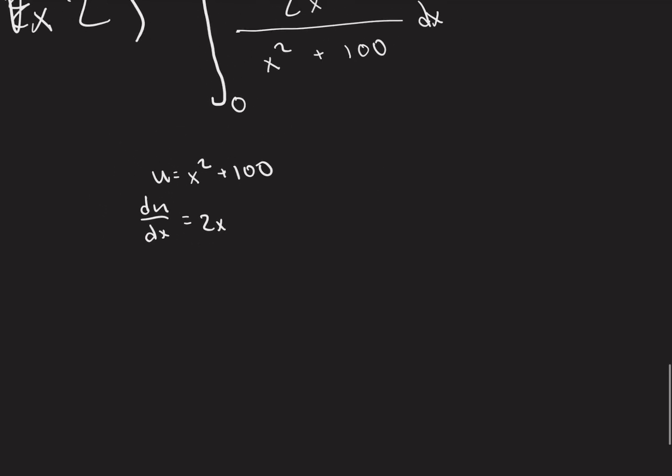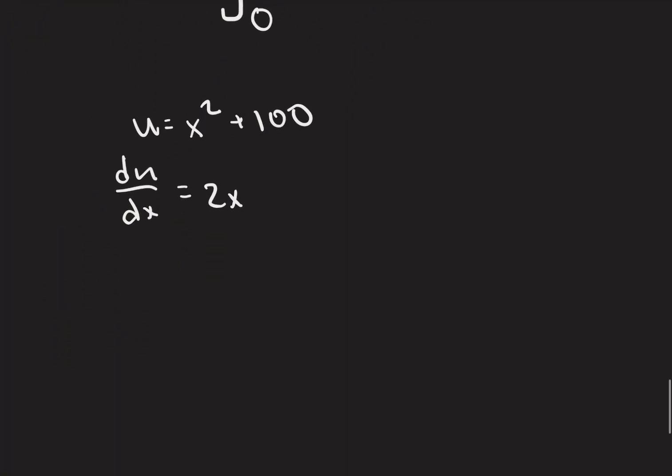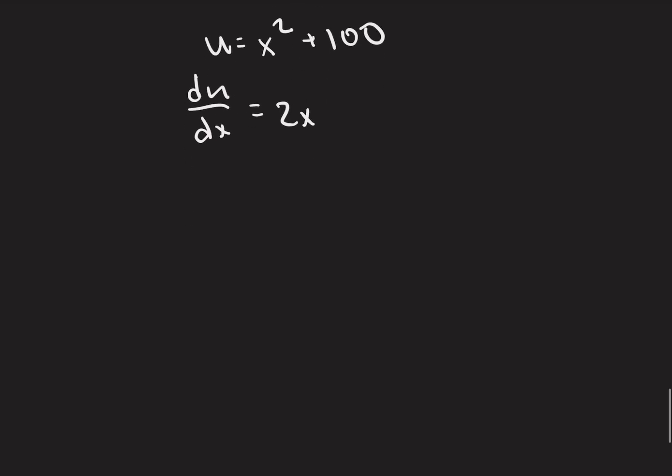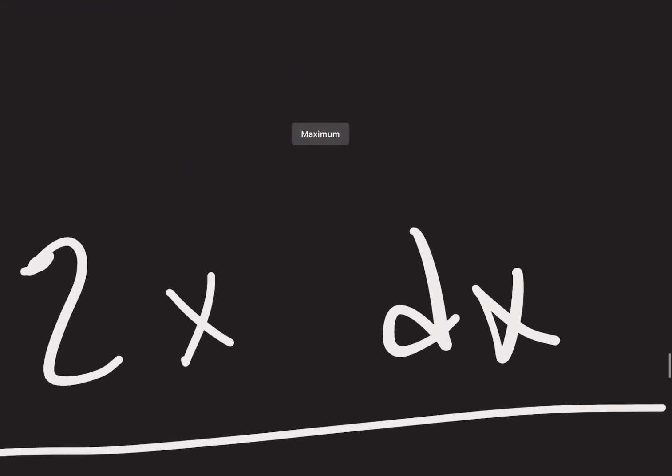So then you can just start moving it around when you find that dx. I'm moving the dx here so it's easier to visualize. Think of dx as being multiplied by 2x, but you're not really multiplying it, I'm just making it easier to visualize. So du equals 2x dx, to get this same thing in the numerator.